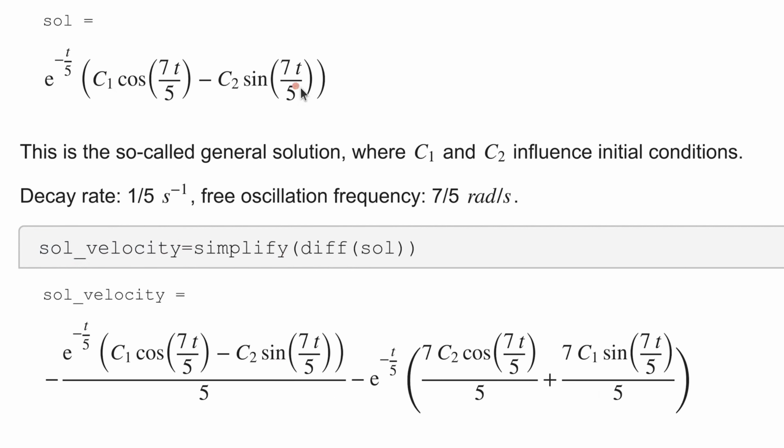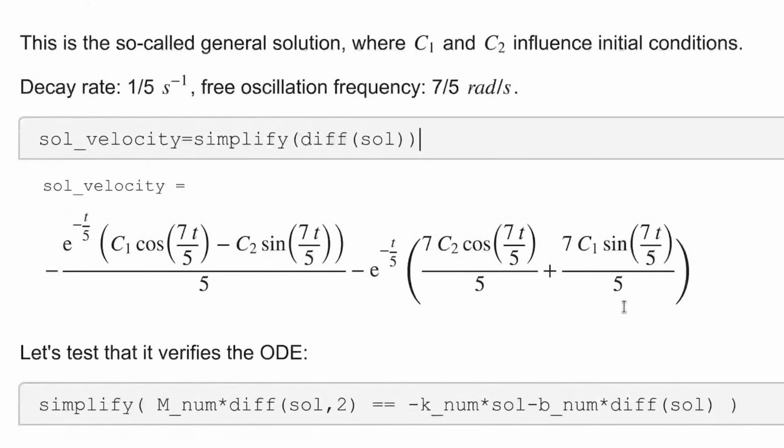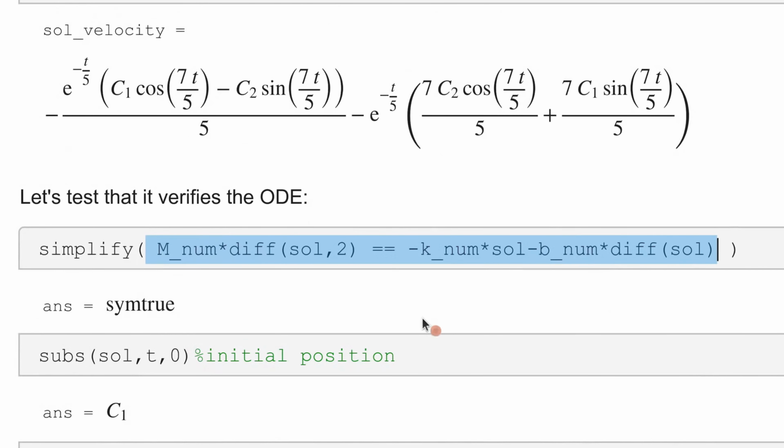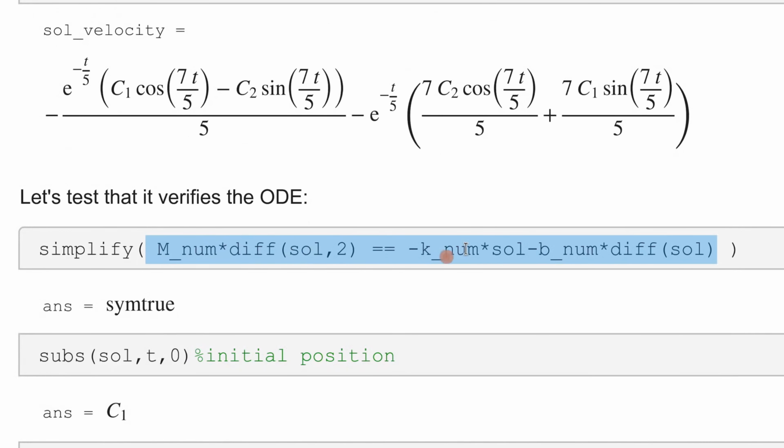So, does this thing actually verify the ordinary differential equation in here? Of course it does. If I tell Matlab to check whether the mass times the second derivative of the solution is equal to this right-hand side of the ODE, then of course Matlab tells me that it's true. It verifies the equation.